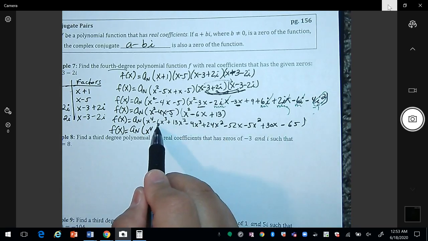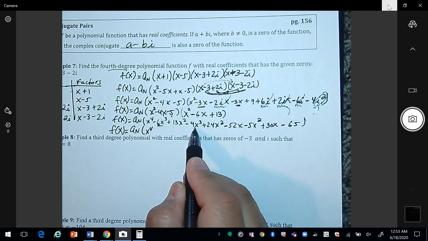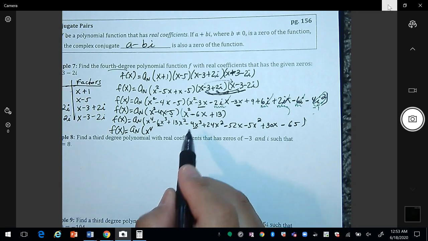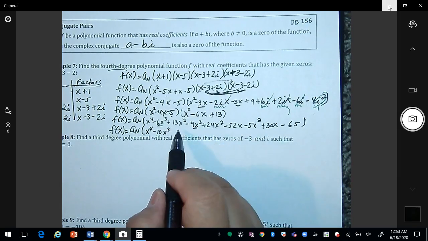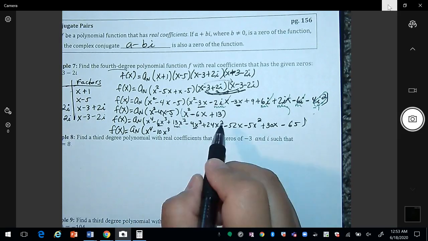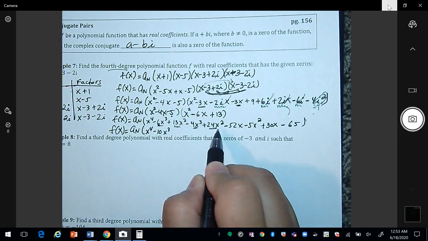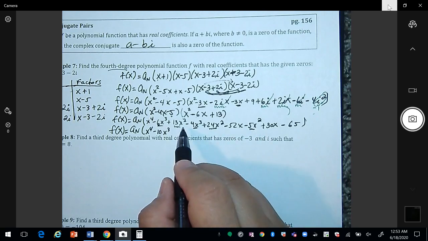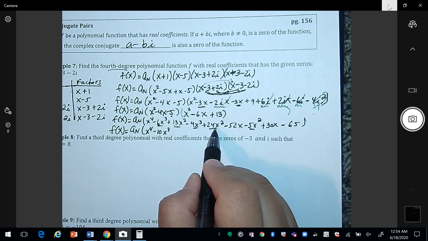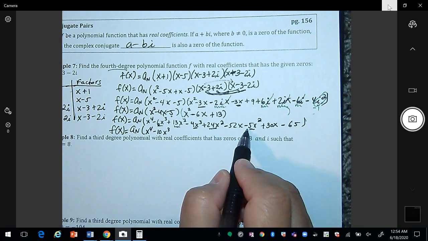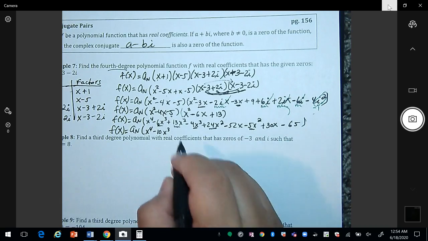So we have 6x cubed and a negative 4x cubed. It's going to give me a negative 10x cubed. Then we have 13x squared plus 24x squared minus 5x squared. So 13 plus 24 is 37, minus 5 is 32.